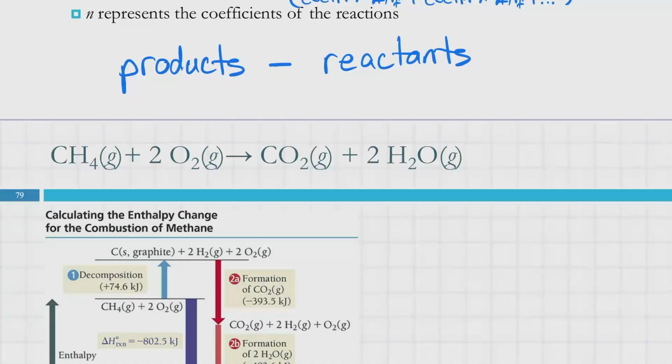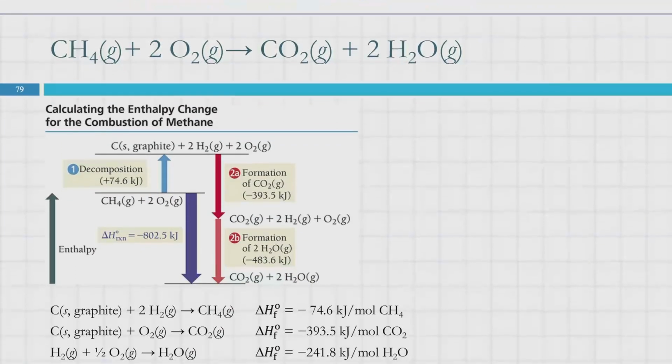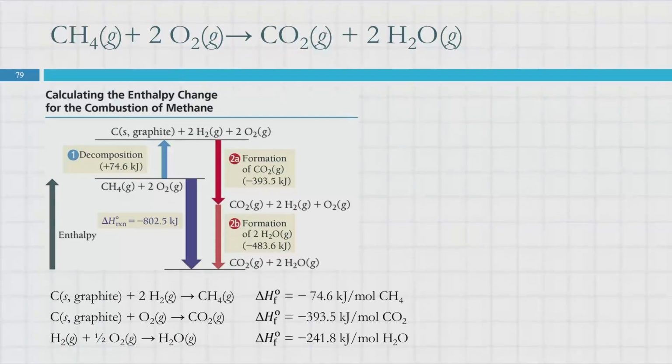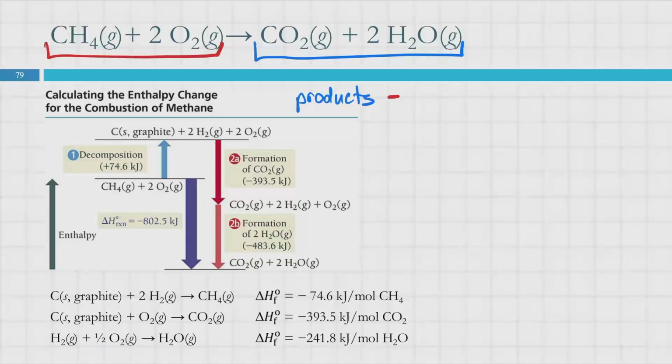Let's look at an example. So we've got this big reaction. We want to calculate what's the standard delta H. What's the standard heat of the reaction? So we need to take our products, find their delta H values, subtract from that the reactants, their delta H values.